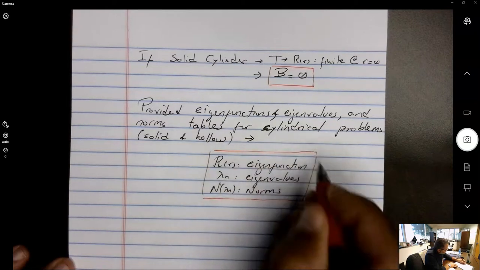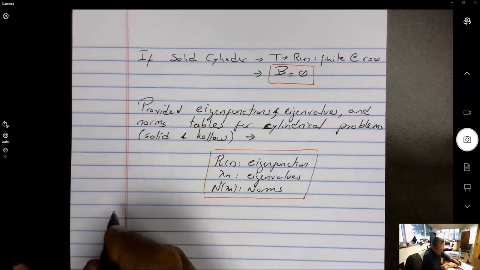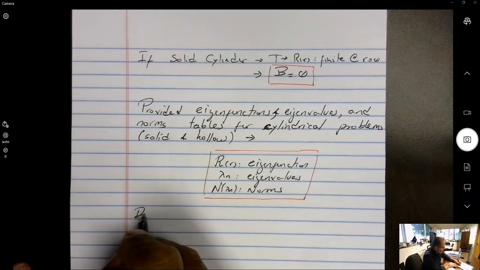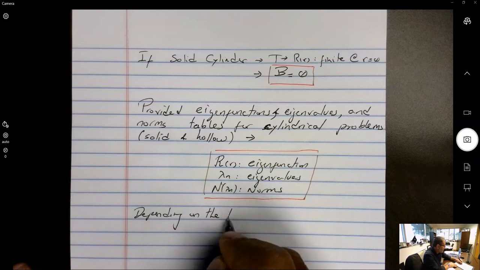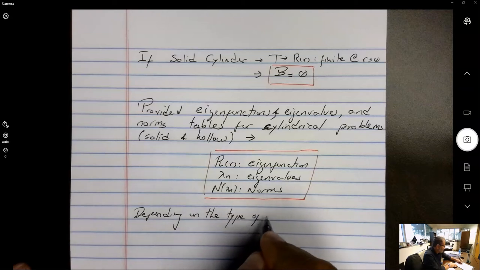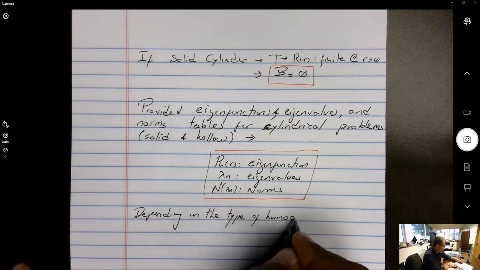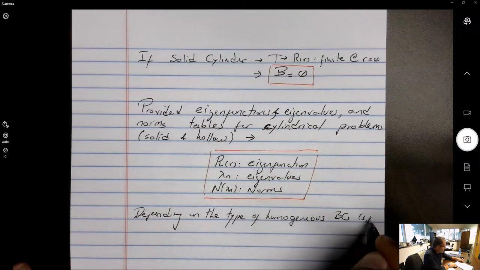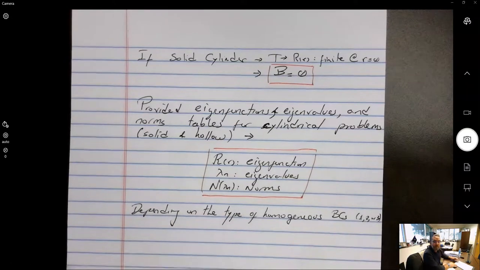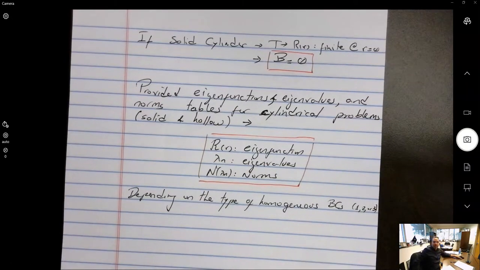So this is all depending on the type of homogeneous boundary condition: first, second, or third kind.